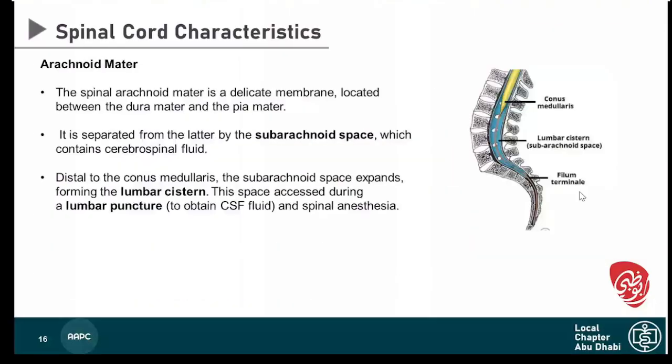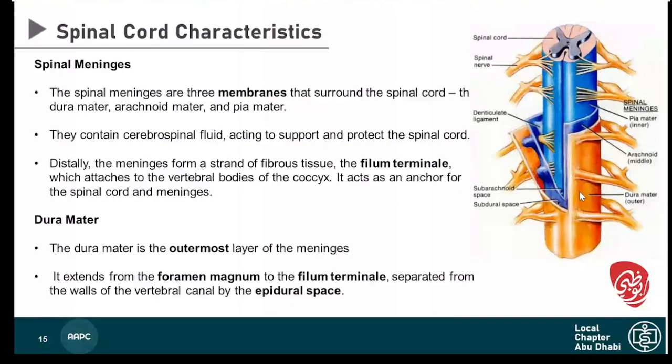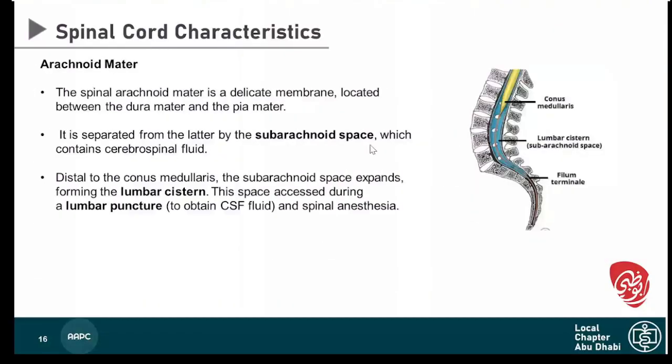Next comes the arachnoid mater. The arachnoid mater is the second layer of the meninges, or the middle layer of the meninges. It is a delicate membrane that is located between the dura mater and the pia mater. The pia mater is the innermost layer.